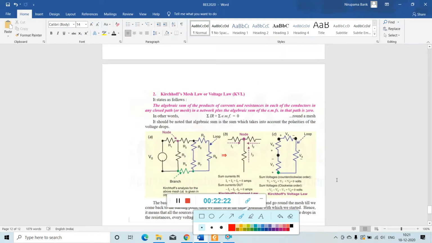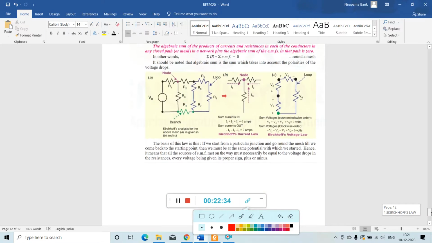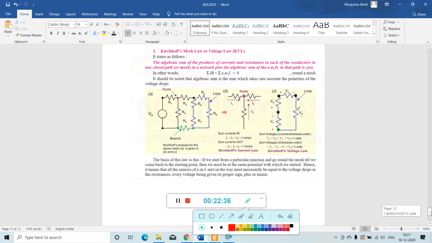The next one is Kirchhoff's voltage law. What happens in Kirchhoff's voltage law? The algebraic sum of the products of current and resistance in each of the conductors in any closed path or mesh in a network, plus the algebraic sum of the EMFs in that path, is 0.